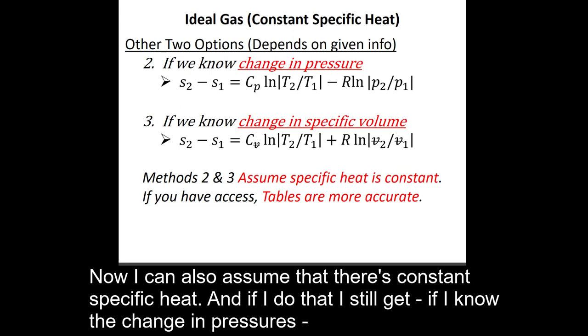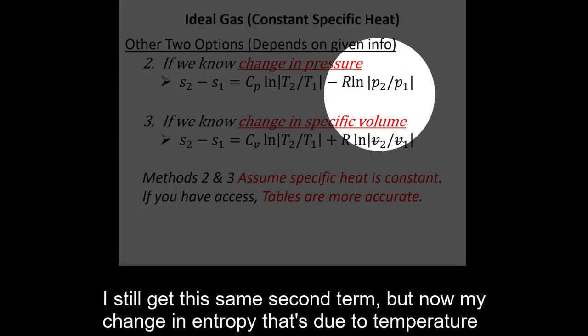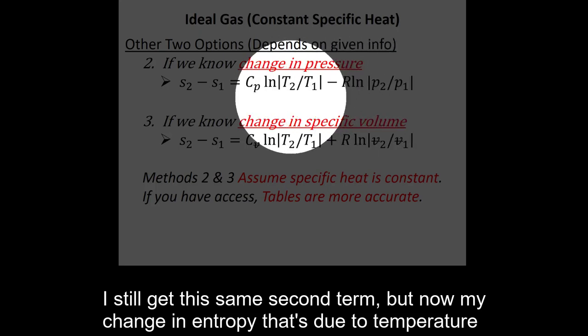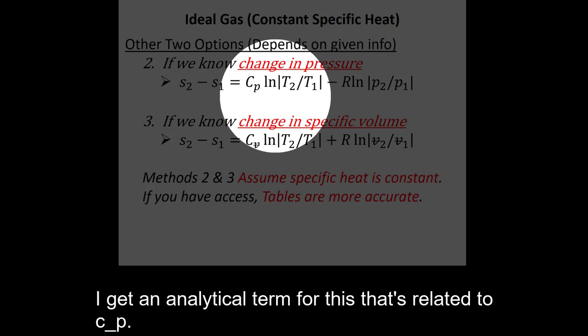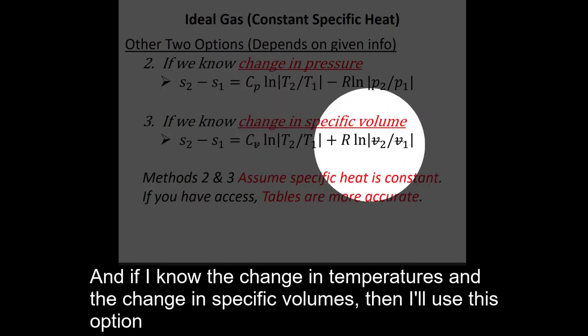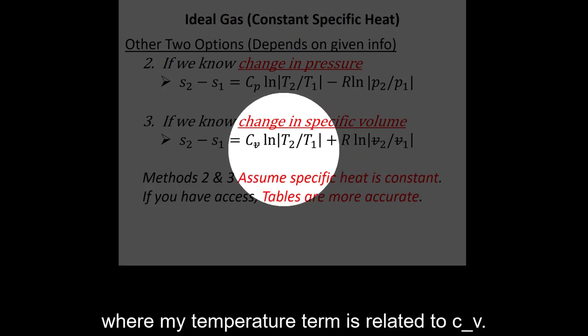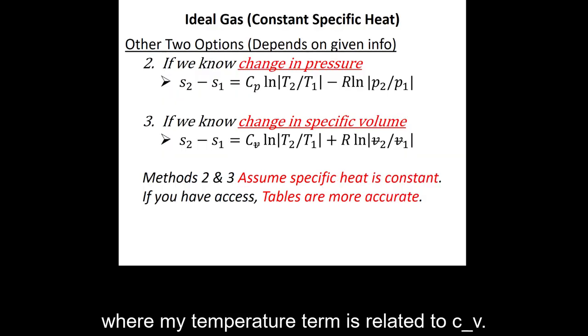Now, I can also assume that there's constant specific heat. And if I do that, if I know the change in pressures, I still get this same second term. But now my change in entropy that's due to temperature, I get an analytical term for this that's related to Cp. And if I know the change in temperatures and the change in specific volumes, then I'll use this option where my temperature term is related to Cv.